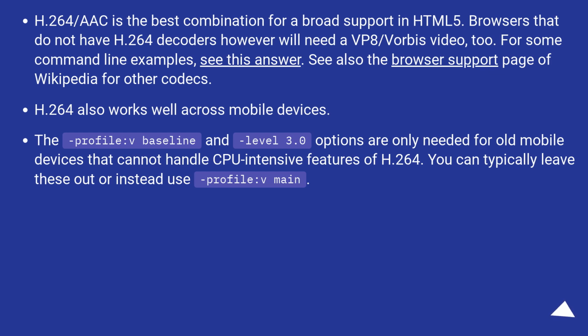H.264/AAC is the best combination for broad support in HTML5. Browsers that do not have H.264 decoders, however, will need a VP8/Vorbis video, too. For some command line examples, see this answer. See also the browser support page of Wikipedia for other codecs.